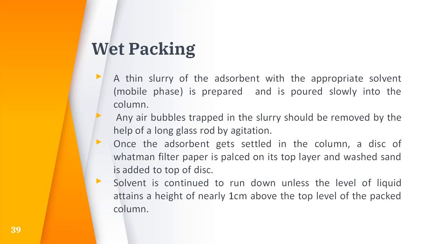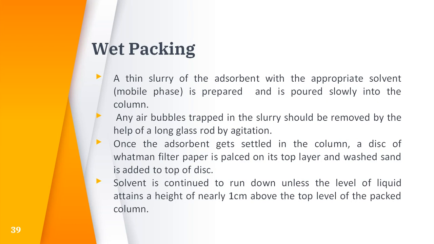In wet packing, a thin slurry of adsorbent with the appropriate solvent, or you can say mobile phase, is prepared and poured slowly into the column. So here first we dissolve our adsorbent in the appropriate solvent, that is mobile phase, and then pour it slowly into the column. Air bubbles may get trapped while pouring the slurry, so they should be removed immediately with the help of a long glass rod by agitation.